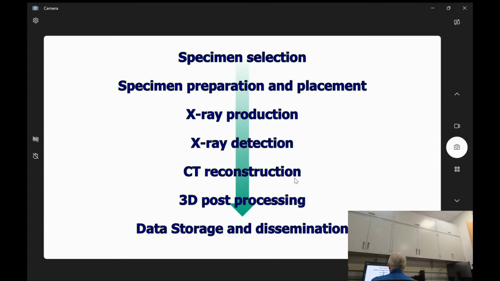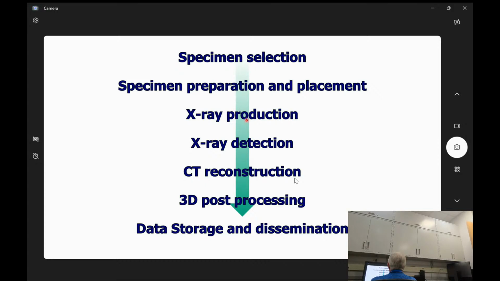After we've thought about that, based on what we know about X-ray production, X-ray detection, and what we have to do to reconstruct, we will decide how to place it in the X-ray beam and maybe how to prepare it, such that we get that right placement as centered as possible, with the least amount of artifacts in the final package.